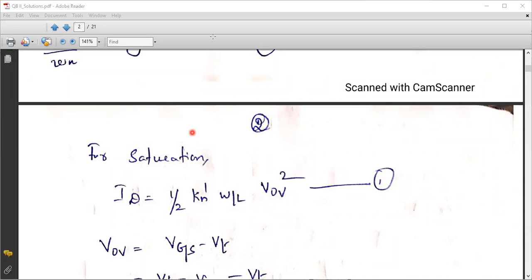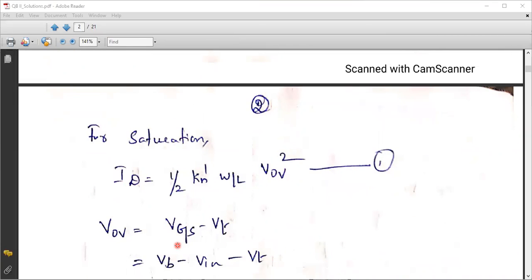This is the equation for the drain current in the saturation region, half Kn dash W by L into VOV square, where VOV is the difference between VGS and VT. Put it as equation number 1.